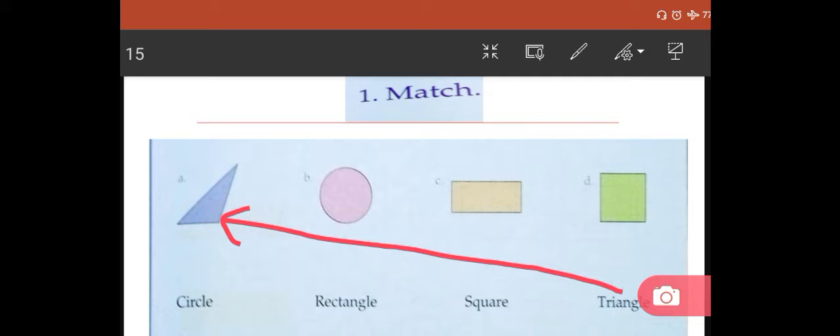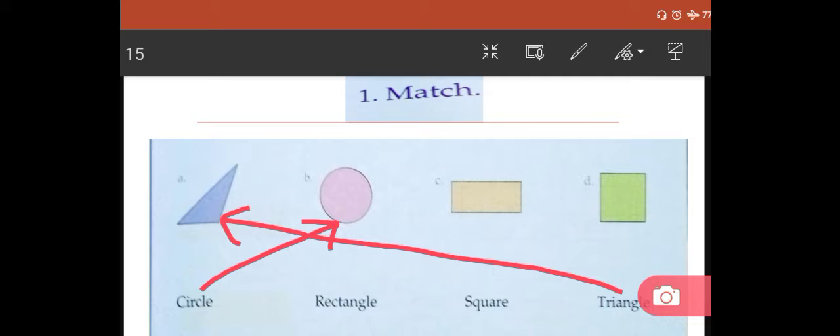Now we will match the shape of the triangle with the spelling. Now question B. The shape is circle. CIRCLE. Now we will match the shape with the spelling.